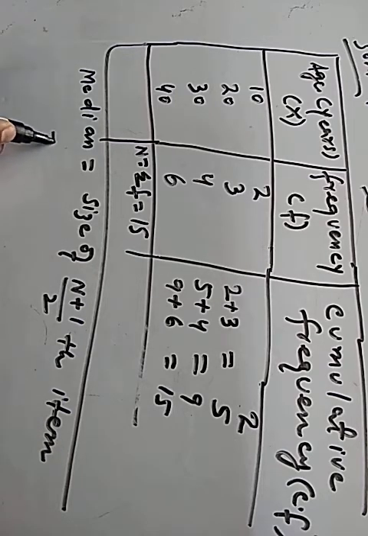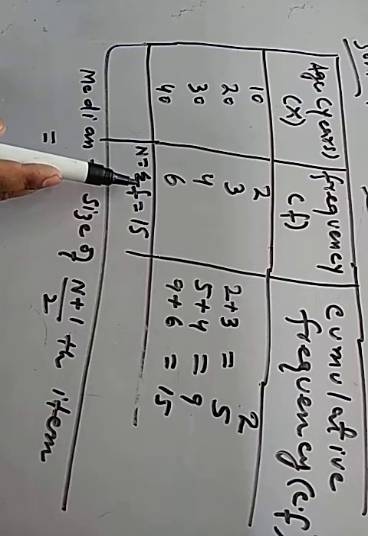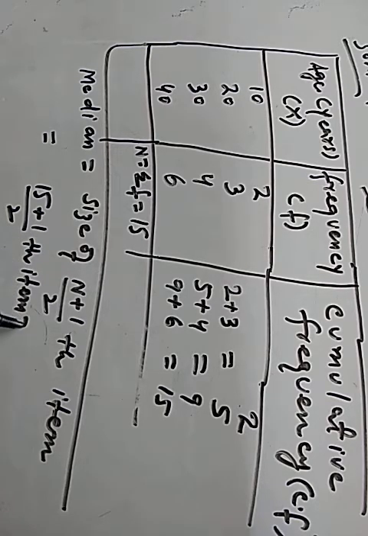It will be equal to size of n, that is sum total of frequencies, sigma f, which is equal to 15, plus 1 divided by 2th item. It will be equal to 15 plus 1, equal to 16 divided by 2th item.